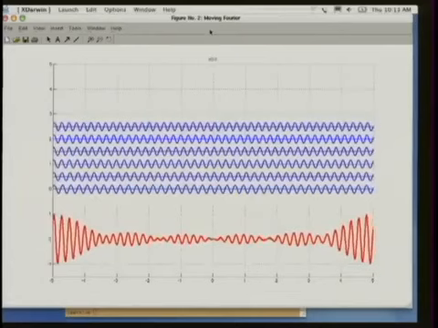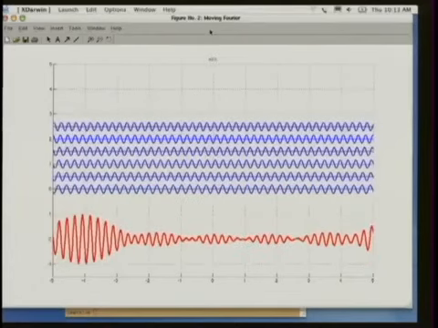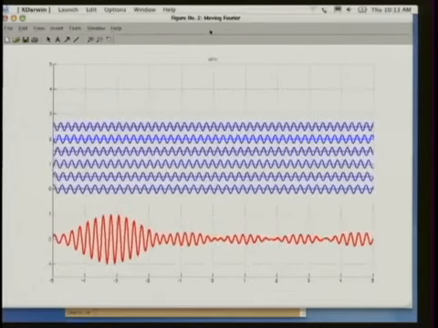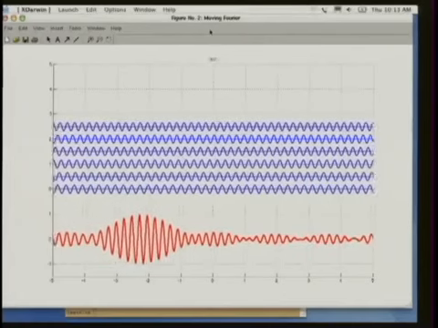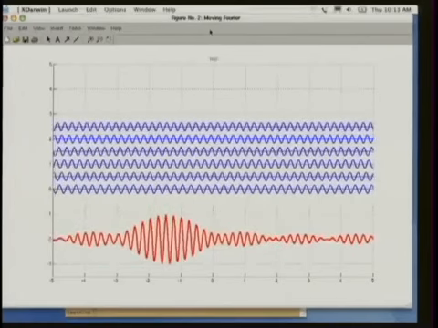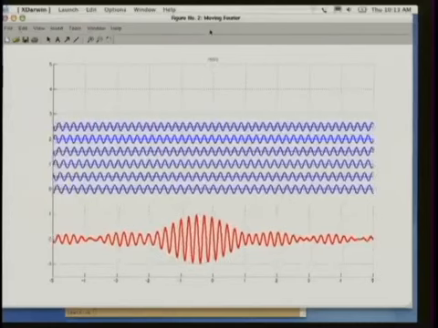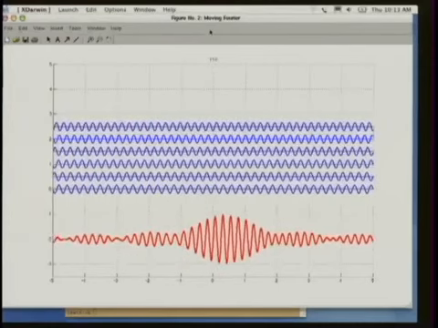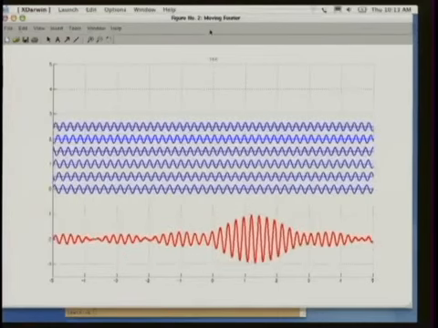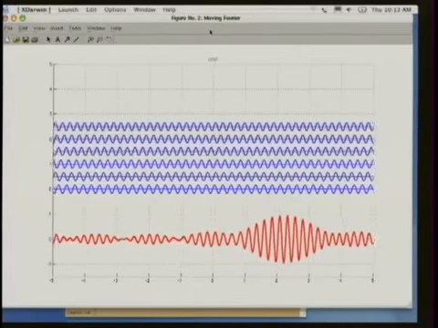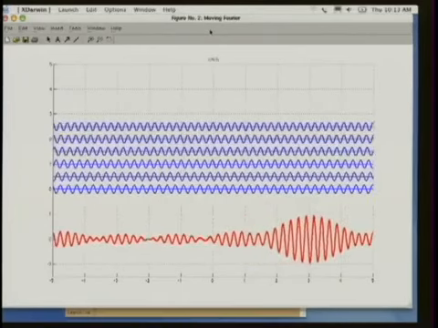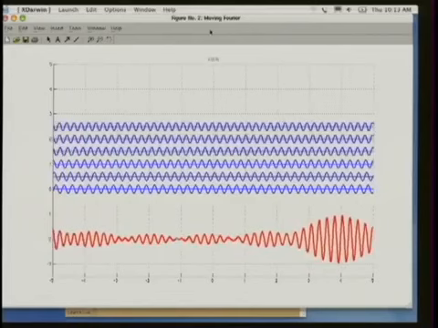But notice now that the overall red shape already has changed somewhat. It's no longer as crispy, it's no longer as sharp. That's why I'm giving it a little more time than the first one, so that you can actually begin to see that the red shape is changing in time, and that is the result of dispersion.